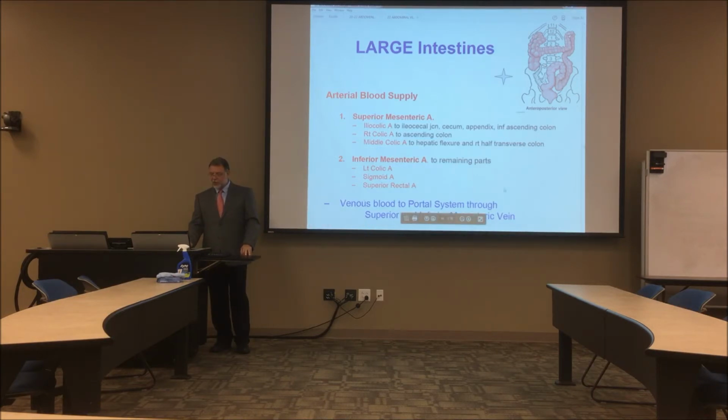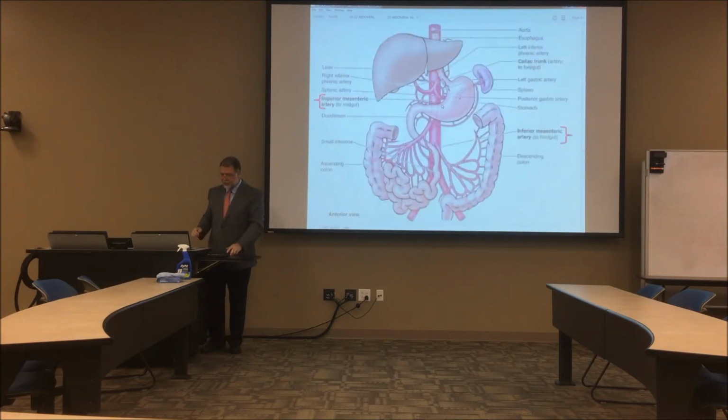Everything of the blood supply from these organs goes directly to the portal system through the superior mesenteric vein and the inferior mesenteric vein. The inferior mesenteric vein, interestingly, goes to the splenic vein. The superior mesenteric vein joins the splenic vein.